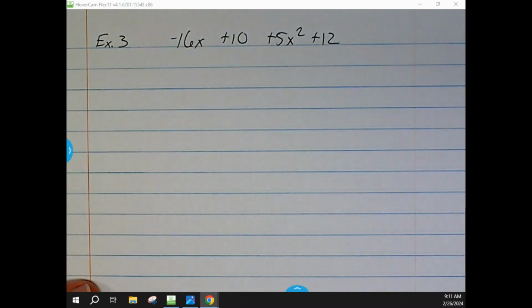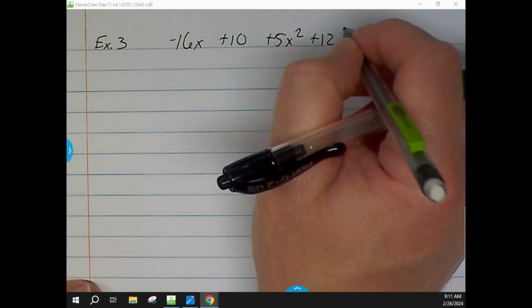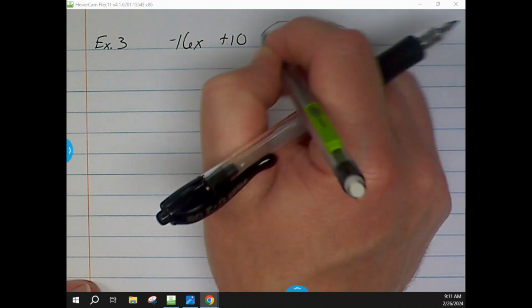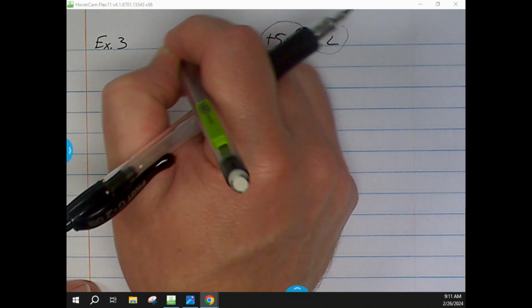Would be one where if you had something like this. All right, so again, if you kind of separate it by terms, we know the plus goes with the 12, that plus goes with the 5x squared, that plus will go with the 10, that minus will go with the 16x.